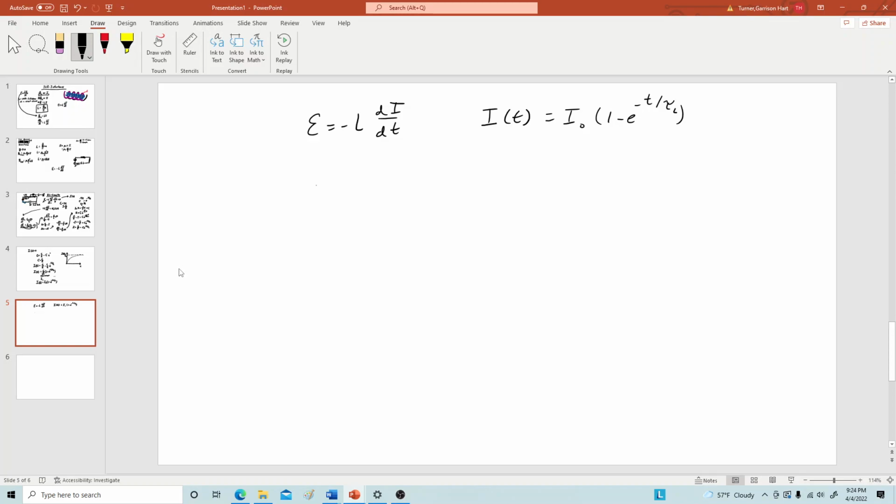If I take the derivative, the derivative of 1 is 0, and so this just becomes negative 1 over tau e to the negative t over tau.